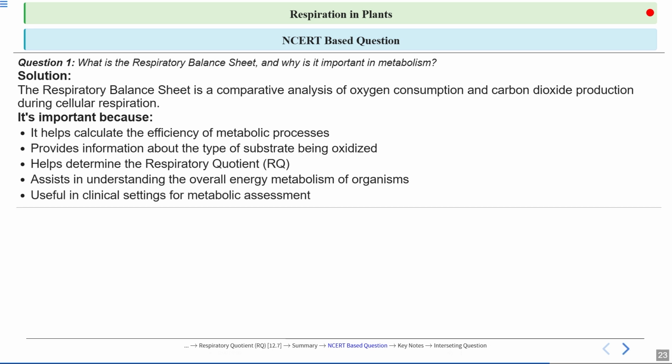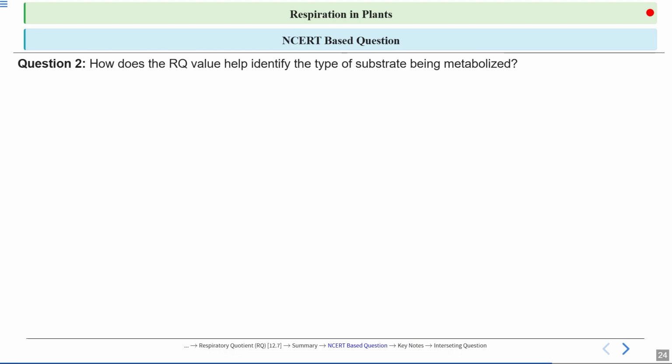Further, this respiratory balance sheet is also useful in clinical settings for metabolic assessment. Now let's look at the next question. How does the respiratory quotient value help identify the type of substrate being metabolized?